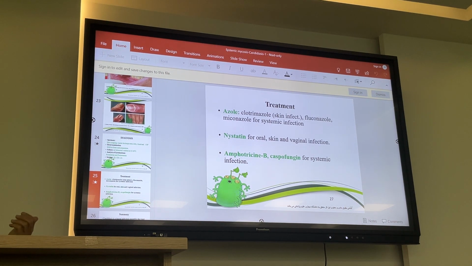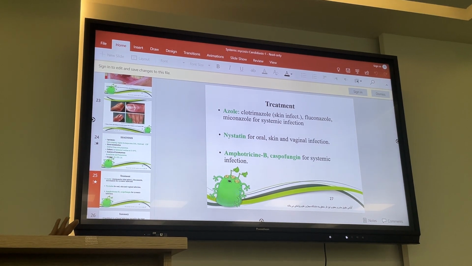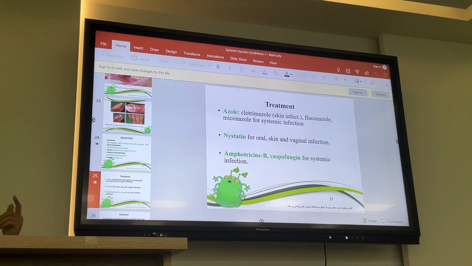If you have a nail disorder, you must use topical treatment. If you have oral candidiasis, you must use systemic treatment. If you have urogenital infection or respiratory infection, you must use systemic treatment. It is in relation to the anatomic site of infection.